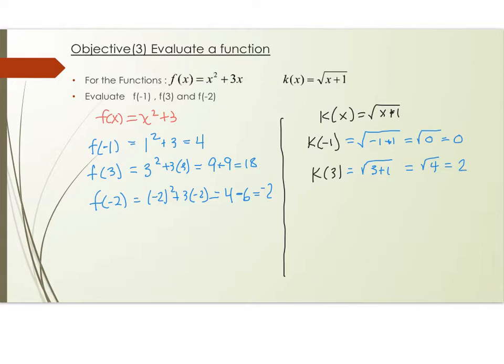And finally we have k of -2, and we may have a problem here. -2 plus 1 is -1, so we get the square root of -1. So here's a restriction. We can't do this under the function rules for real numbers. So you can't evaluate -2 for that function.